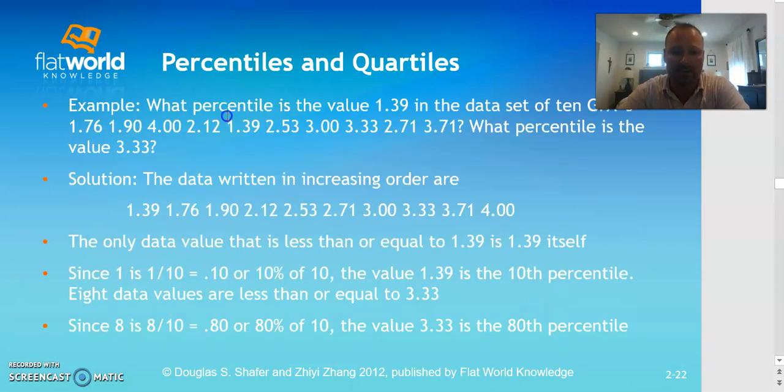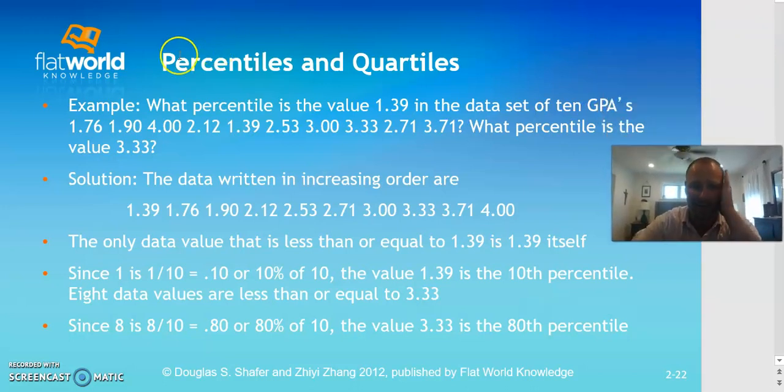For example, the percentile of the value 1.39 in the data set of 10 GPAs, okay? These are all written not in order, so the first thing we need to do is put them in order from least to greatest. Then we need to find the values that are less than or equal to 1.39. 1.39 itself is in the bottom portion here.